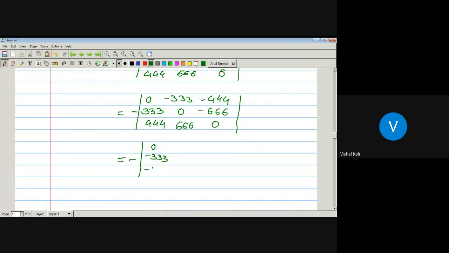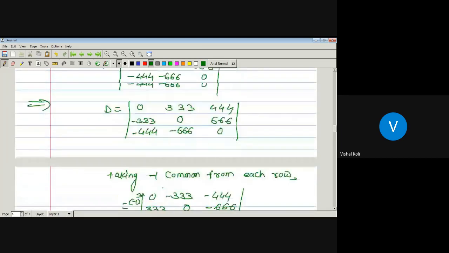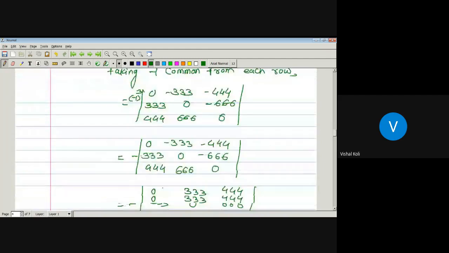Now make this a column: minus 444, minus 333, plus 333, and the second row as second column: 0, minus 666, 444, 666 and 0. Just changing rows to columns, then we get this one. So this minus sign is as it is. Now this one will be same as our D. So just put that value here, D.